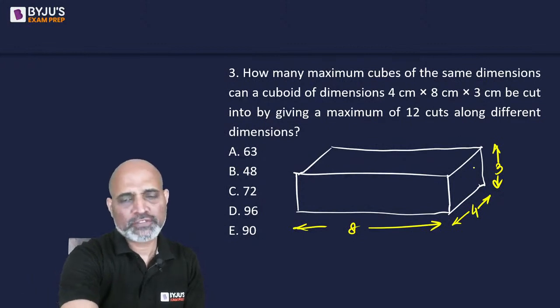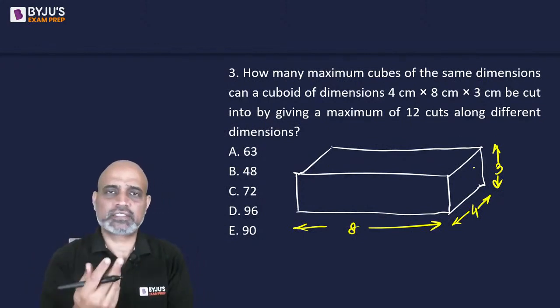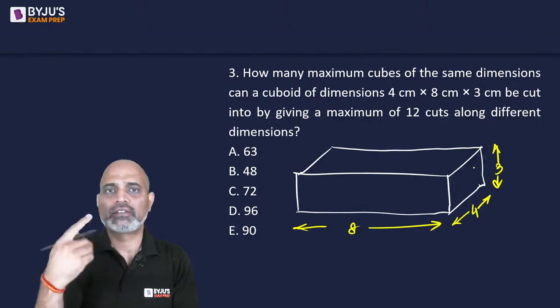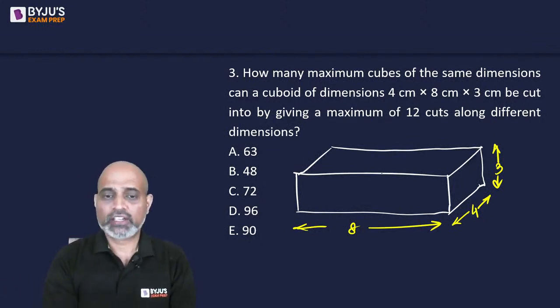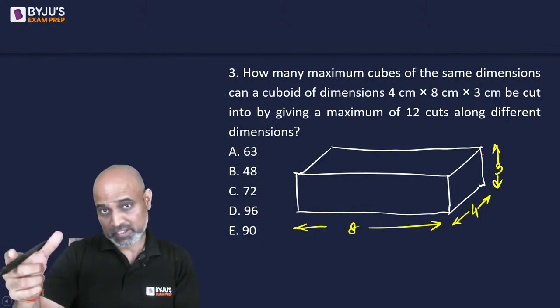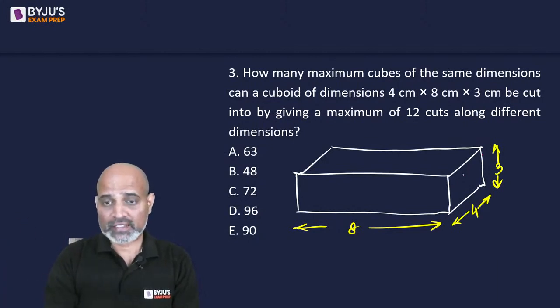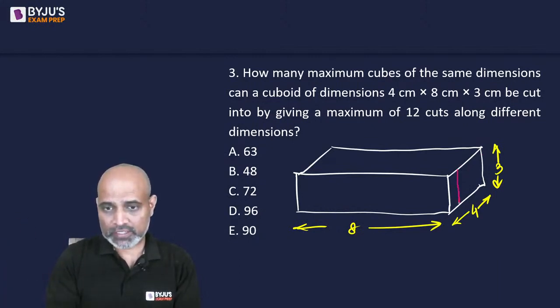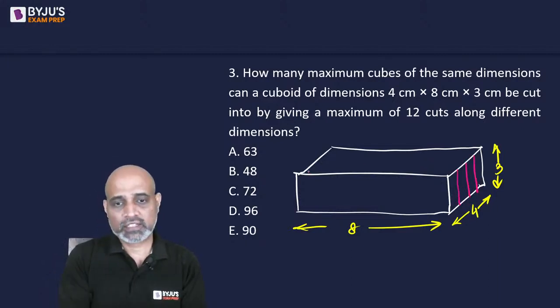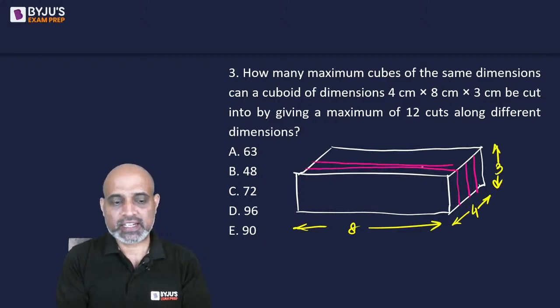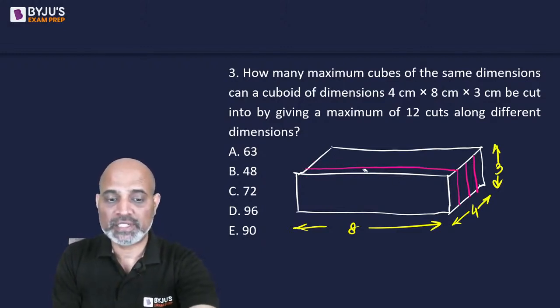So obviously the first thing that strikes is let's form cubes of dimension 1 cross 1 cross 1, right? So if I have 4 centimeter as the breadth, then I need to make only 3 cuts so that it divides into 1 centimeter ke 4 slices. Agreed? Such that each slice is 1 centimeter in width.